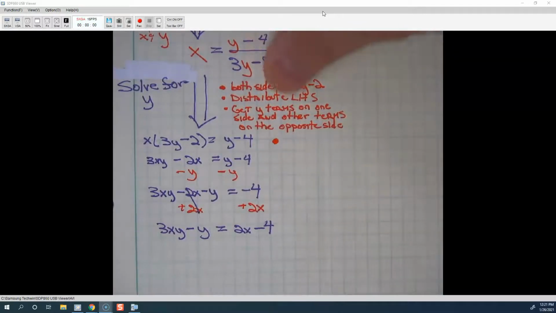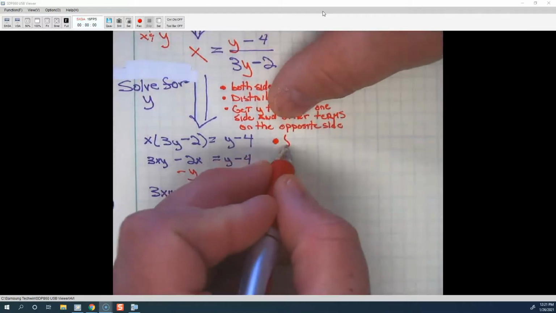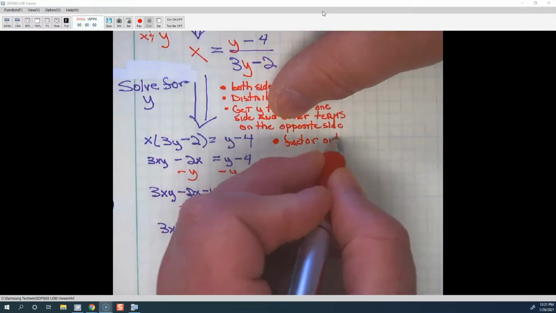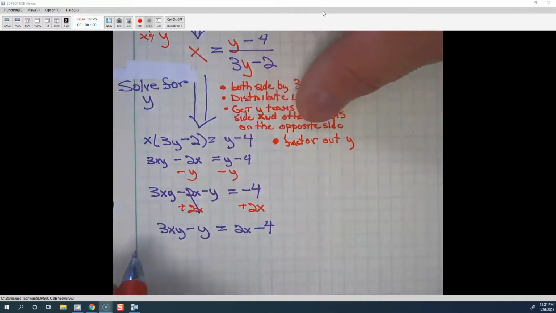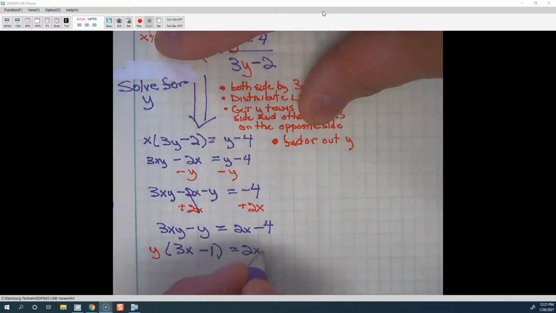So we've done all these three. Now factor out y, and that's going to allow us to isolate it. So when I pull that y out, I'm going to have 3x minus 1 and 2x minus 4.